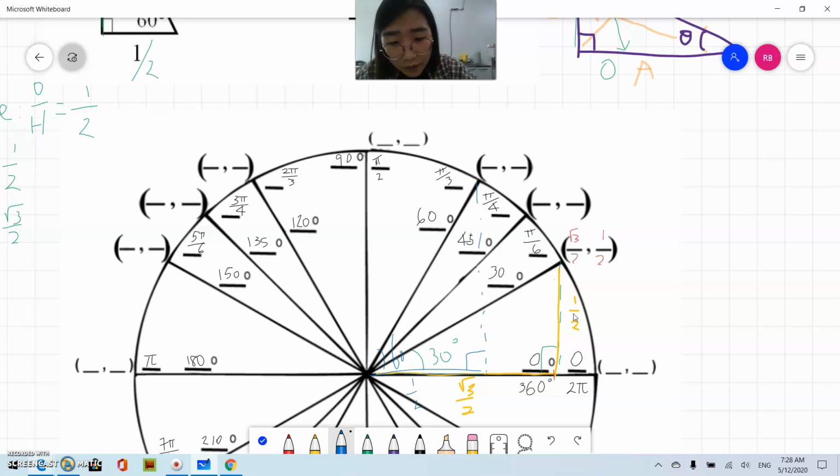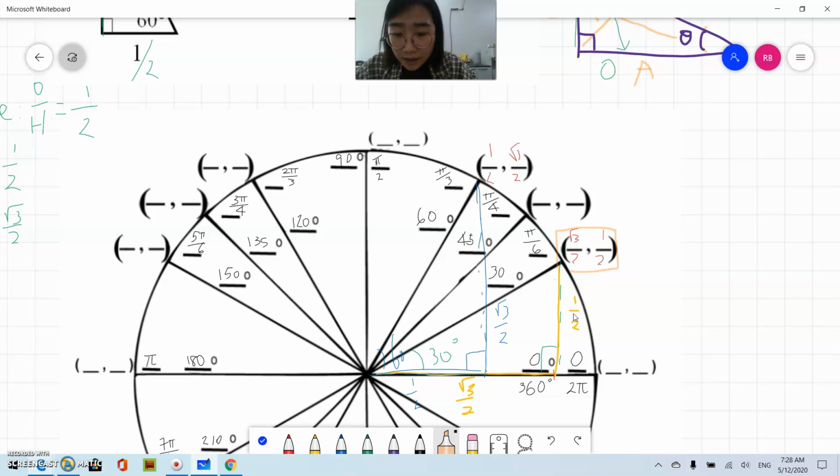Adjacent is 1/2. And then opposite is square root of 3 over 2. So then my x coordinate for this one is 1/2, and the y is square root of 3 over 2. As you can see, it's a flipped version of 30 degrees. And the 30 and 60 relationship would be like that: sine of 30 is the same thing as cosine of 60, and sine of 60 will be the same as cosine of 30.